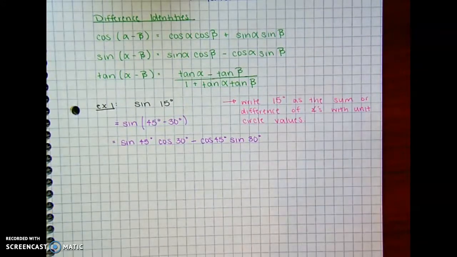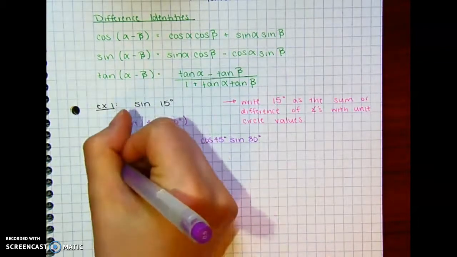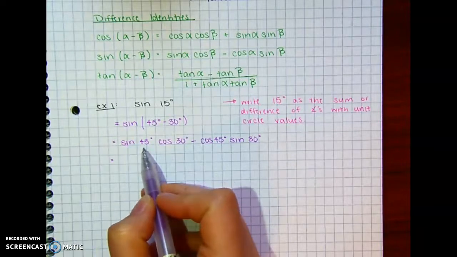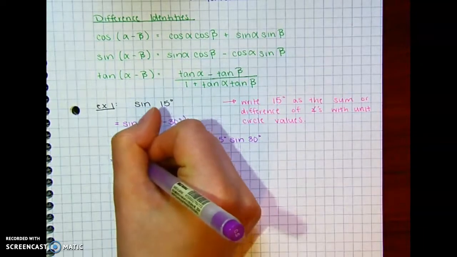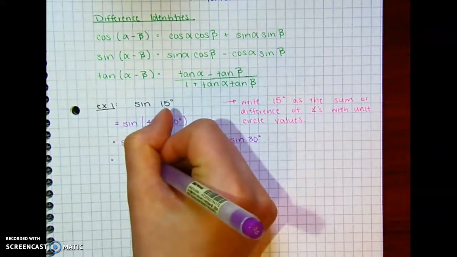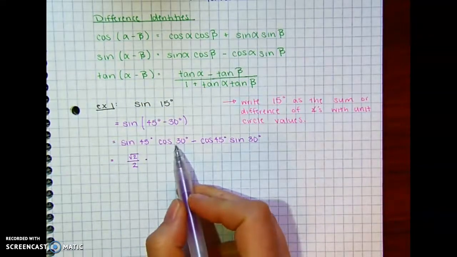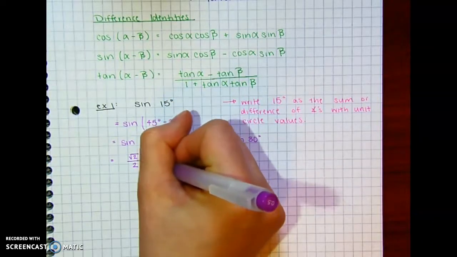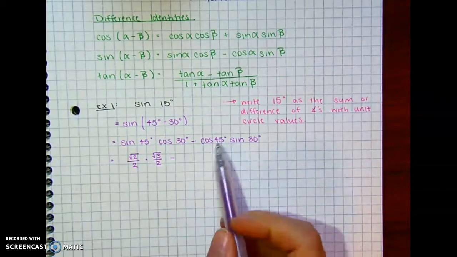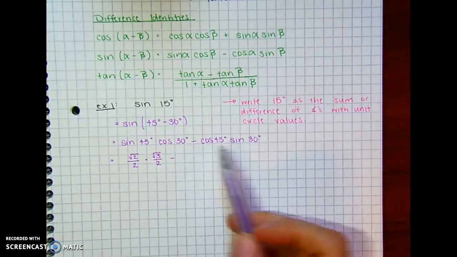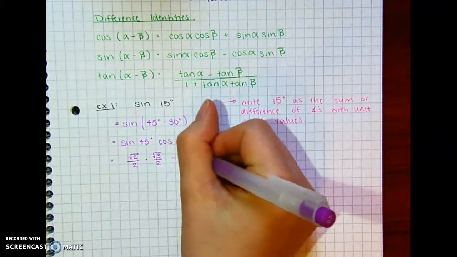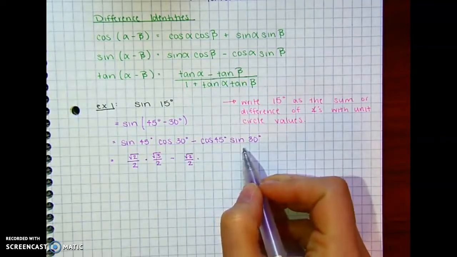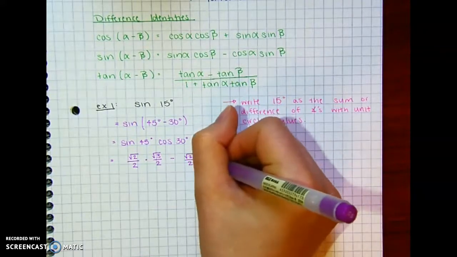Now we're going to use what we know in the unit circle and rewrite this. So sine of 45, remember we're thinking y value at 45 degrees, so that's root 2 over 2 times cosine of 30, so we're thinking x value at 30 degrees, which is root 3 over 2, minus cosine of 45 degrees, so root 2 over 2, and sine of 30 degrees, which in this case is 1/2.